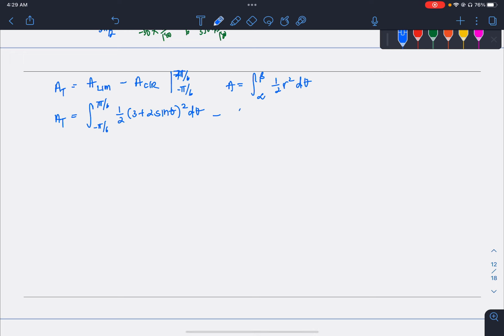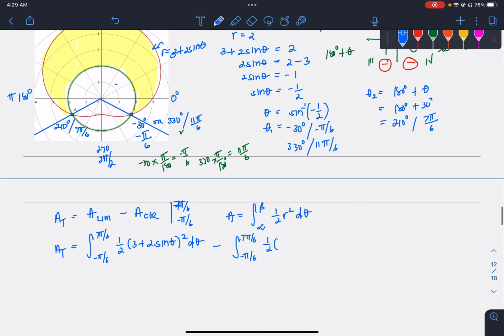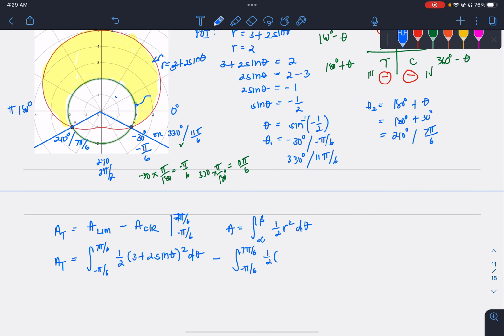Then minus the area of the circle from the same limits, negative pi over 6 to 7 pi over 6. And then I have 1/2 r squared. So r for the circle is 2, that would be 2 squared d theta.